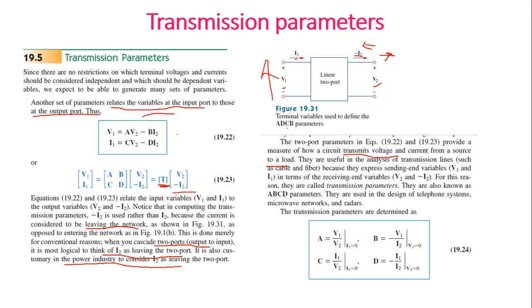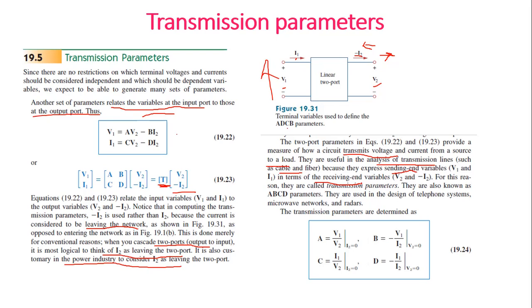These are mainly used in the analysis of transmission lines such as cable and fiber, because they express sending-end variables, that is V1 and I1, in terms of receiving-end variables V2 and minus I2.